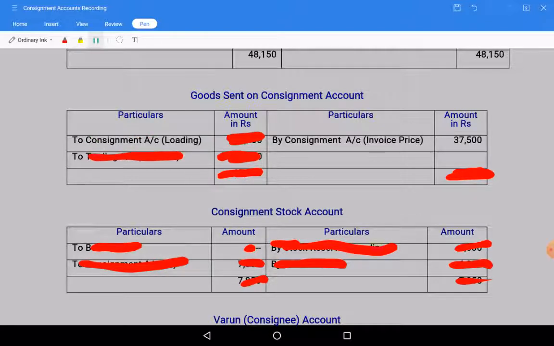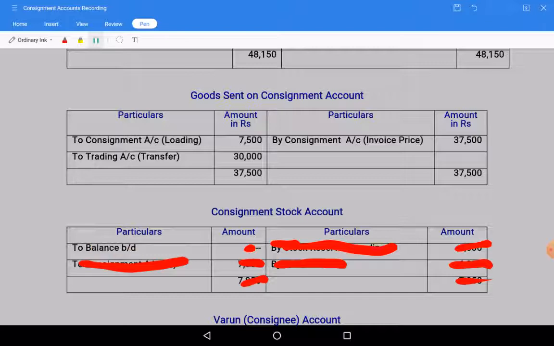I said, whenever there is invoice price, loading will appear. So consignment account loading 7,500 debit side. Difference amount will be transferred to trading account, that will be 30,000, that is nothing but your cost price. So total 37,500, 37,500.